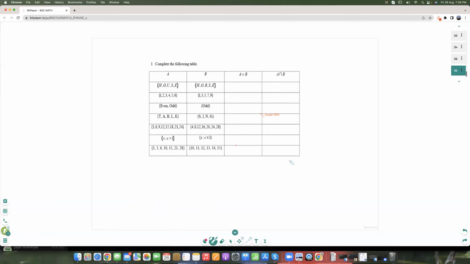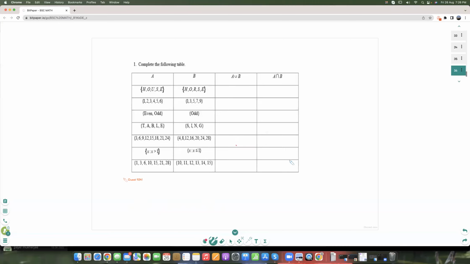Okay, first of all, let me tell you the first one. The first one is HOUSE and HORSE. So what do we need to find? Union. Union is what? You add all the elements of both sets, right?